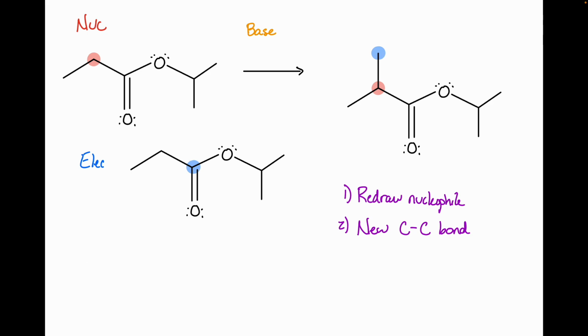Now, in these Claisen reactions in particular, this ester group here in my electrophile is going to be playing the role of what? A leaving group. So when we draw in our electrophile carbons, we want to draw them minus that leaving group.